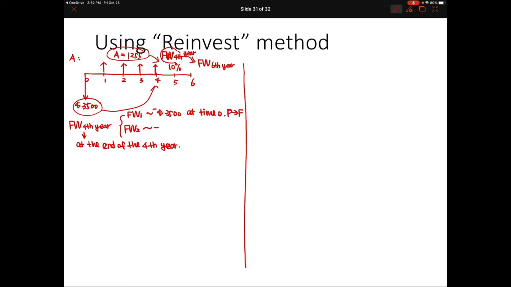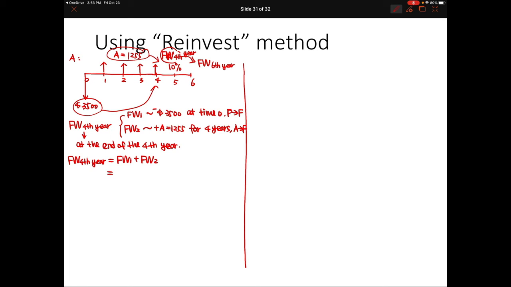And part 2 is the positive annuities for 4 years, so it is to convert A to F, right? So FW 4th year will be the total of FW1 plus FW2.